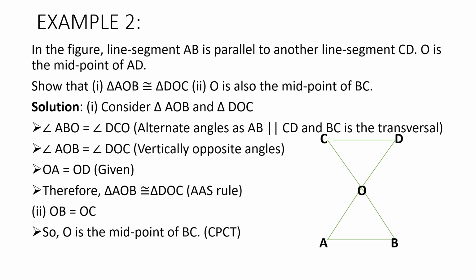Second part, you need to show that OB is equal to OC. O is the midpoint of BC, means you have to show OB equal to OC. But by the previous first part, triangles AOB and DOC are congruent. So by CPCT, the corresponding parts will be equal. OB and OC will be the same. That shows that O is the midpoint of BC.